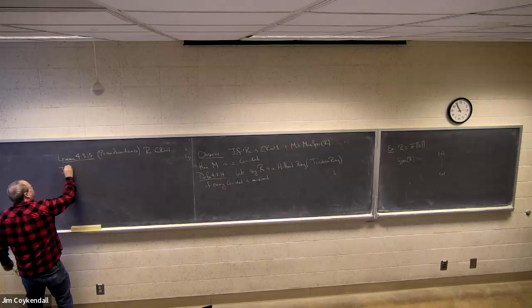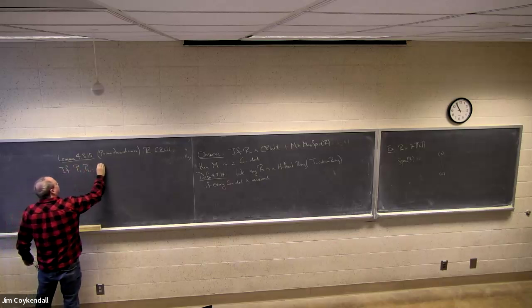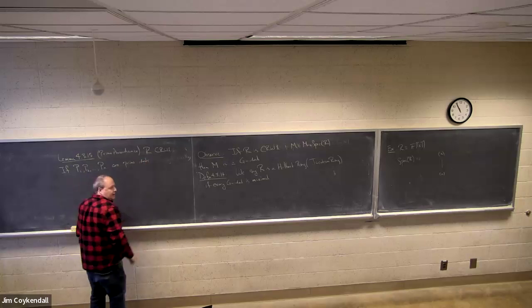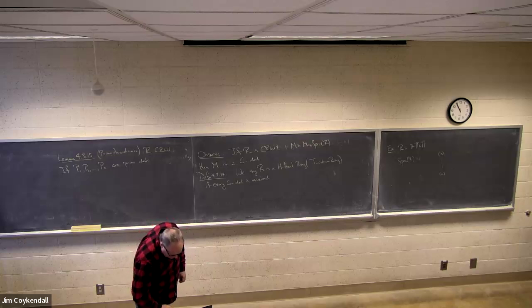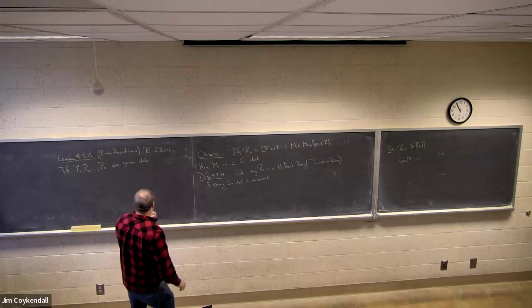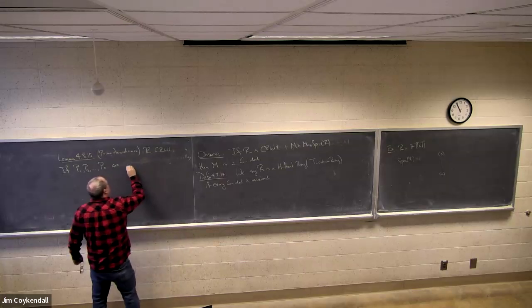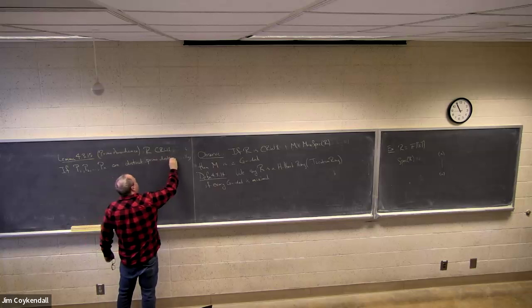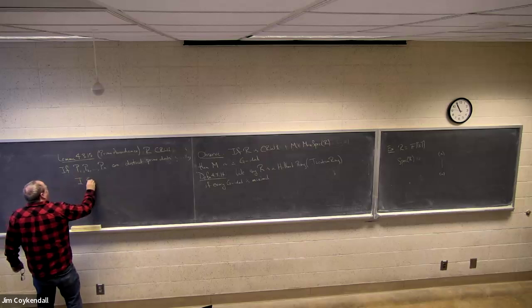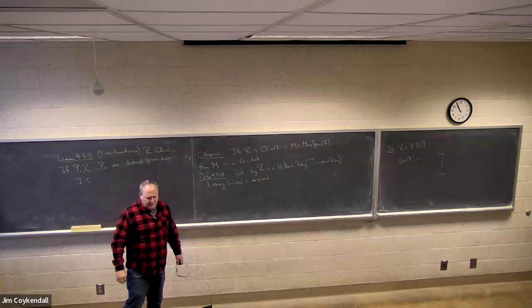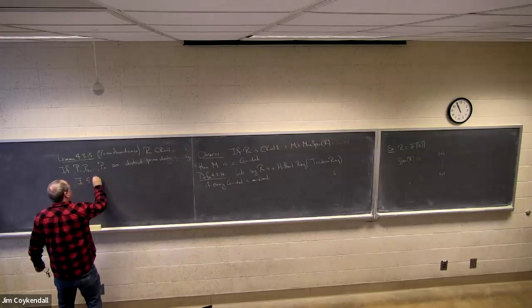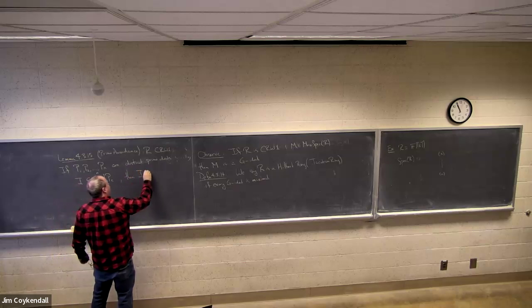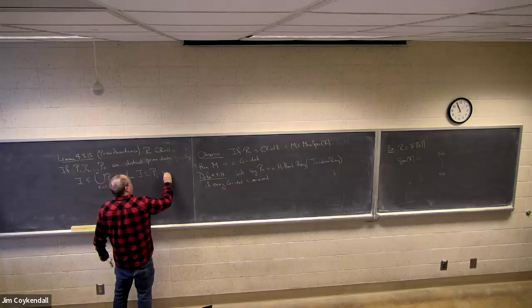If P1, P2, ..., Pn are distinct prime ideals, and I is contained in the union of these prime ideals, then I is contained in Pi for some i.